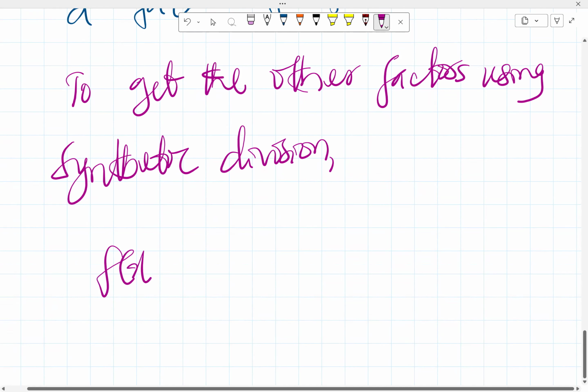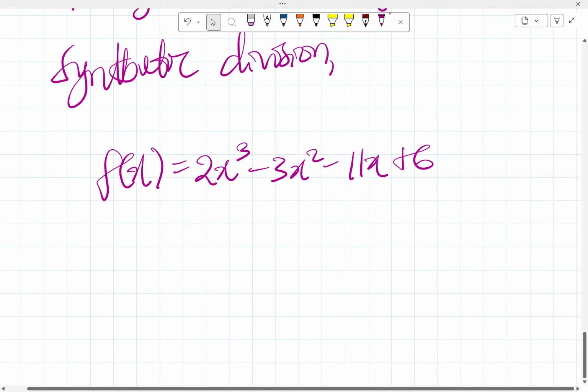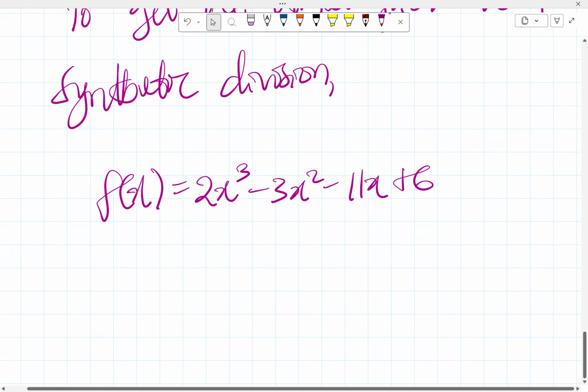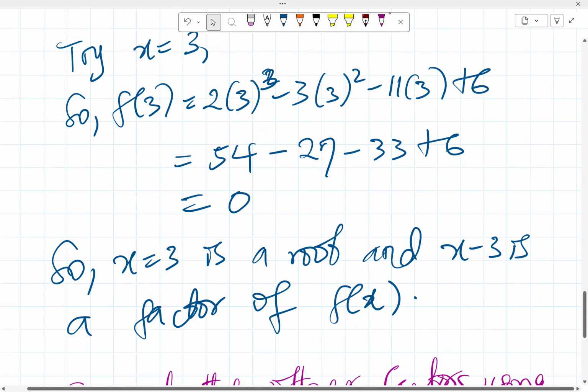We know f of x, we are considering polynomials as roots, is 2x cubed minus 3x squared minus 11x plus 6. And the factor, which we can call the divisor now, d of x if you like, is x minus 3. That's what gives us 0.